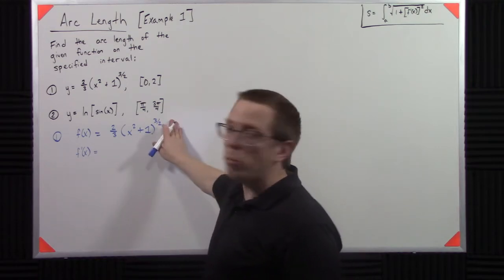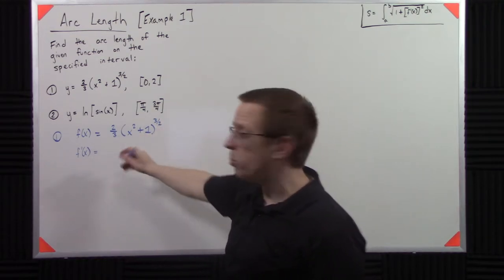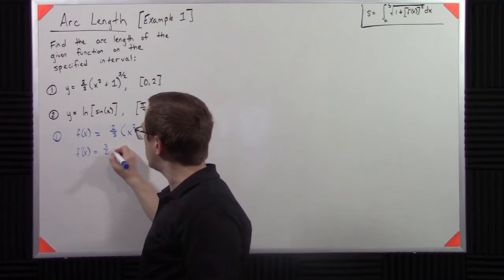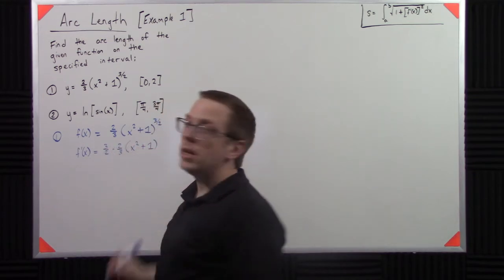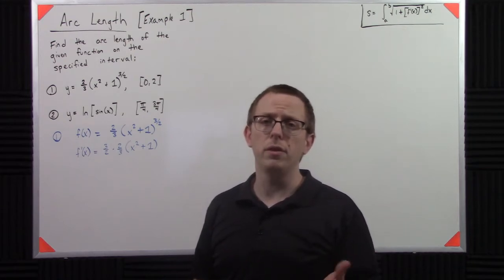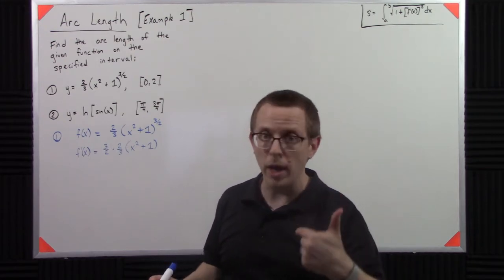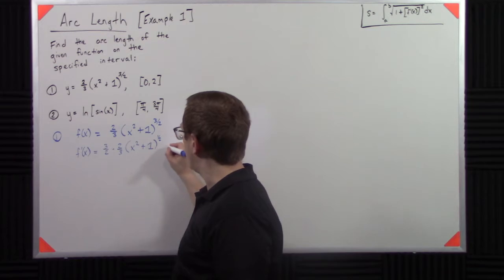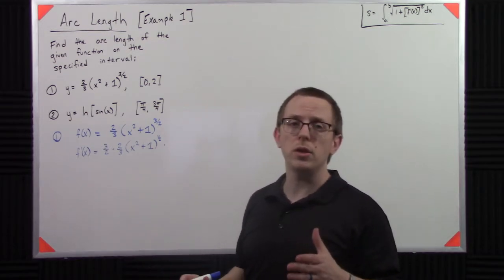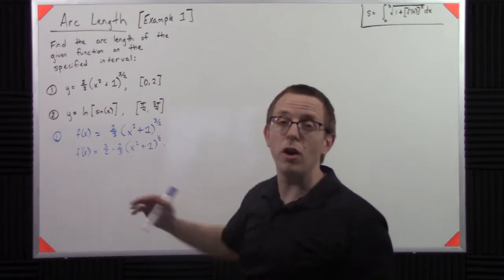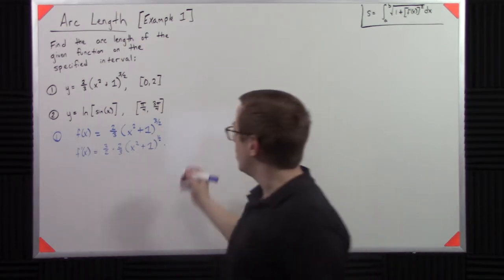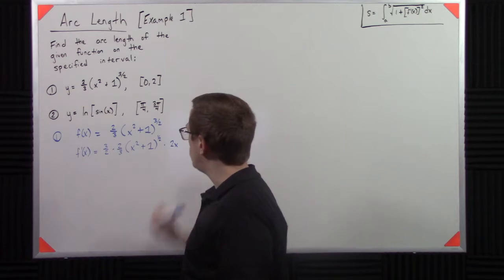Now I have something to a power, so I bring down the power, 3/2 times 2/3 times (x squared plus 1). Now 3/2 minus 1 is 1/2, so we just have the 1/2 power. But it's the chain rule, right? So we not only have to do the power rule here, we have to multiply by the derivative of that inside function. So that gives us 2x here.